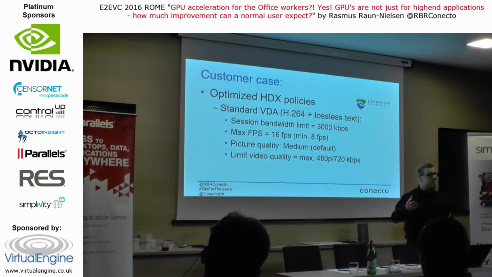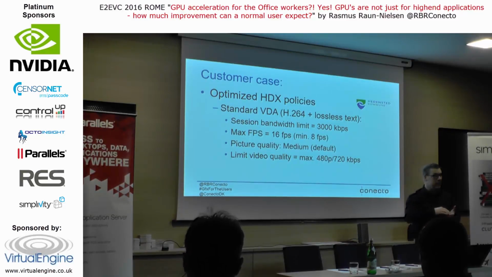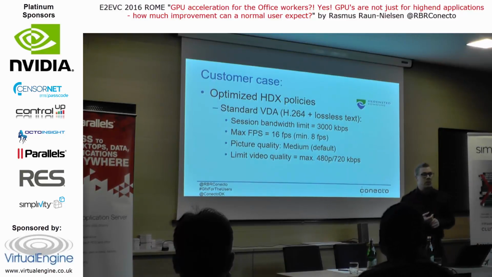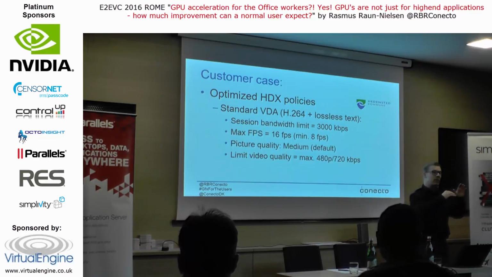Of course, the frame rate has been lowered a little because it's always a trade-off between bandwidth and frame rate, resolution, and so on. And this being office workers, the focus had to be on being able to read the text before having a fluid video and so on.